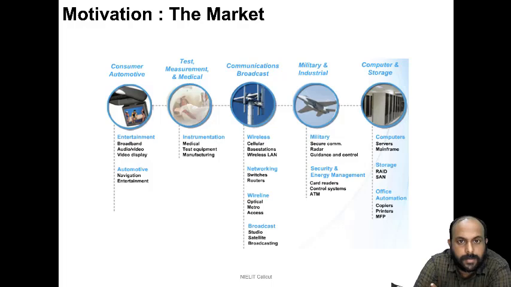VLSI products is profound. It finds utility across different domains, whether it be military or industry-grade products, to things like the consumer market, including automotive, test and measurement equipment, biomedical equipment, computers and storage, high-end servers, communication, broadcasting, security and energy management, office automation to Industry 4.0 automation.